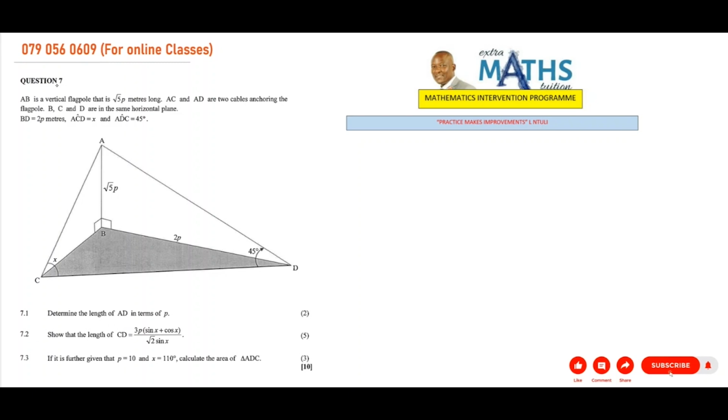For question 7, it says AB is a vertical pole that is root 5p meters long. AC and AD are two cables connecting A to C and D, with B, C and D in the same horizontal plane. PD is equal to 2p. Let me check for PD. Yes, 2p is shown in the diagram.